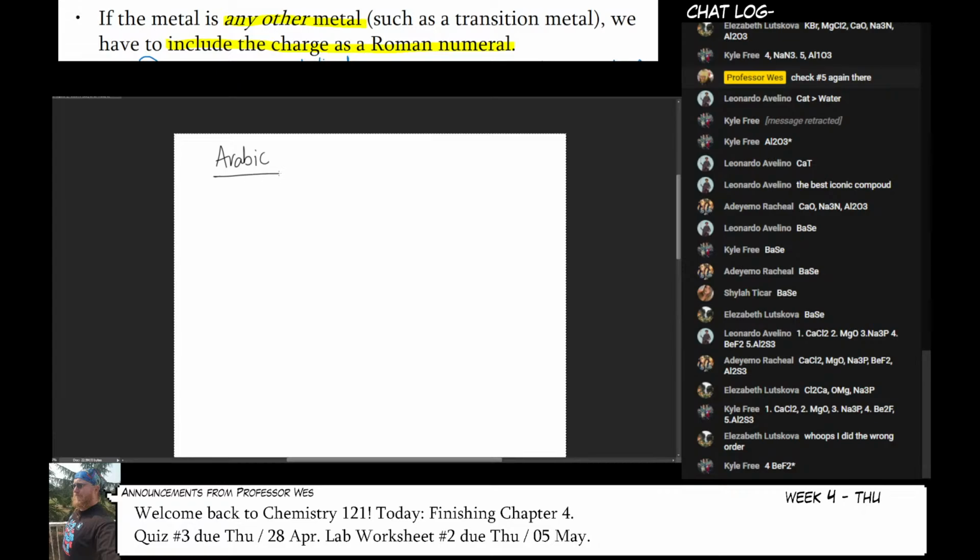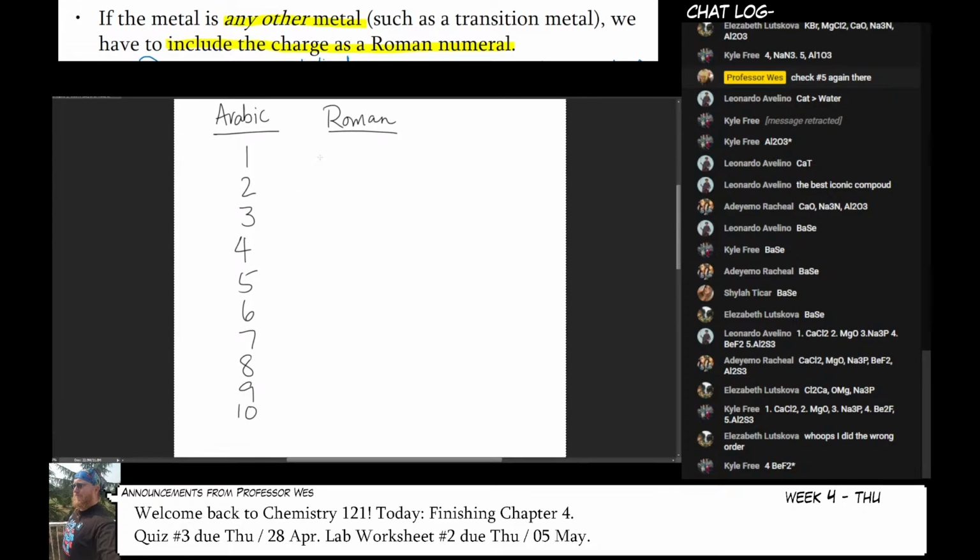The Arabic numbering scheme is what we use, 1 through 10. And on the right, we'll do the Roman numbering. So we've got 1 through 10. And of course, I ran out of space, because why wouldn't I? All right, here we go.